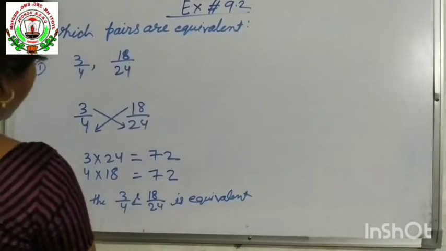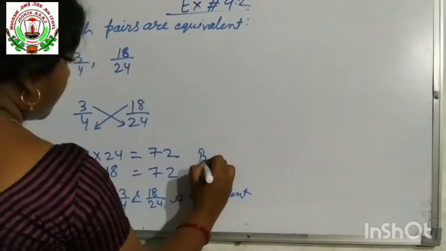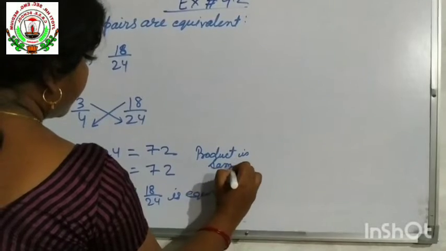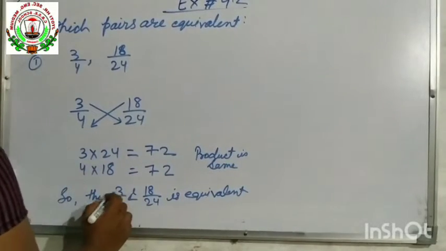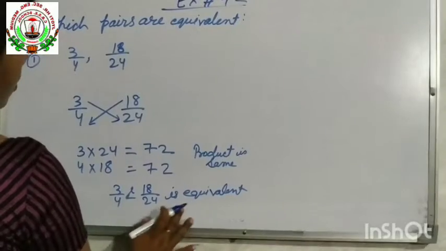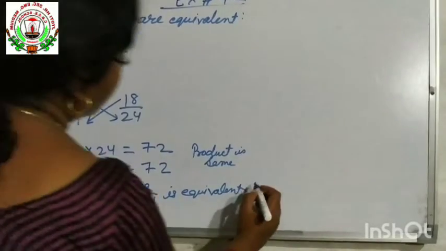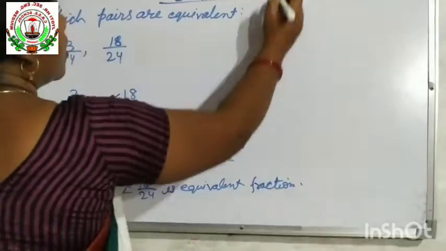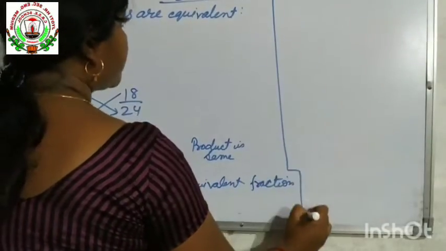Understood? Product is same. You can write here: product is same, so 3 by 4 and 18 by 24 are equivalent fractions. Understood?